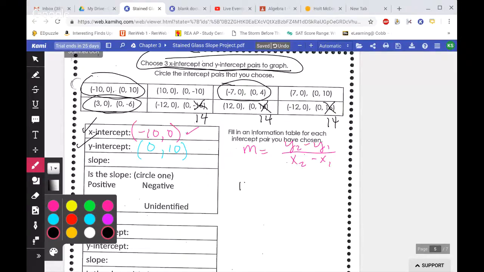I'm going to do 10 minus 0 over 0 minus negative 10. So that's going to give me 10 over 0 minus negative 10, which is 10. So that's going to give me a 1. So my slope equals 1, and it's positive.